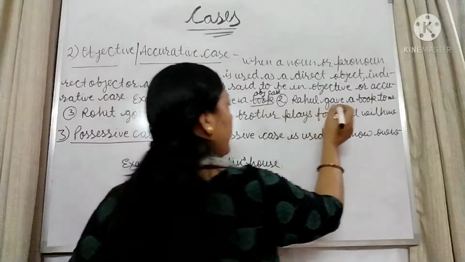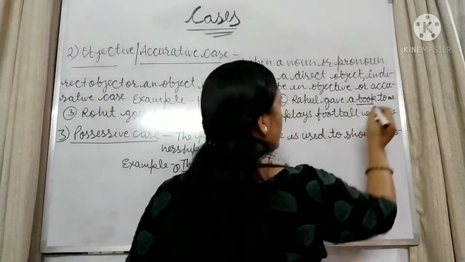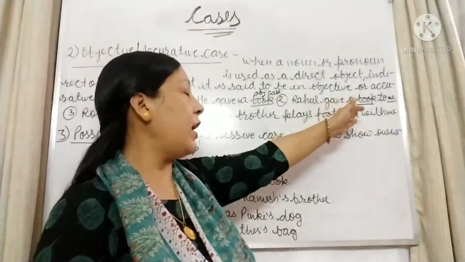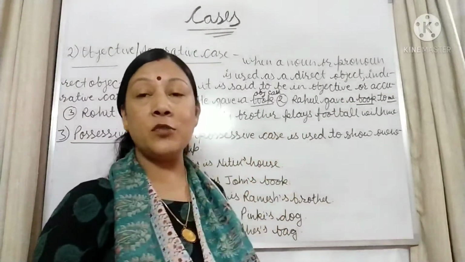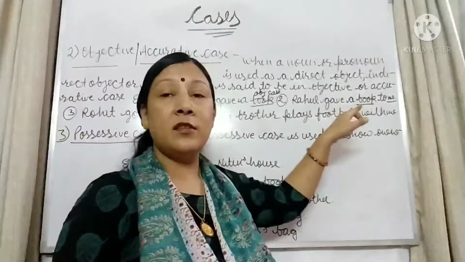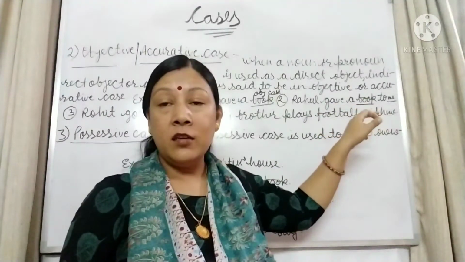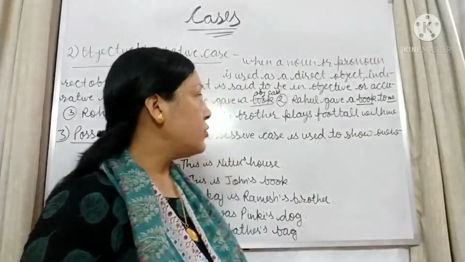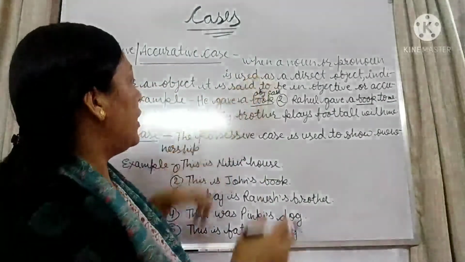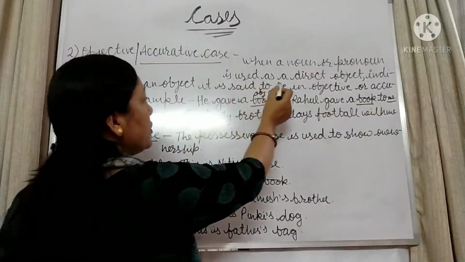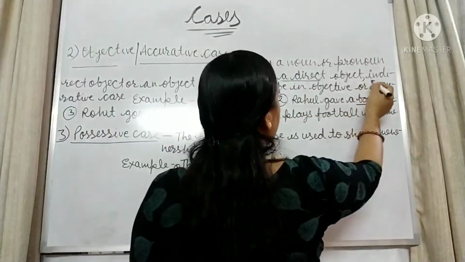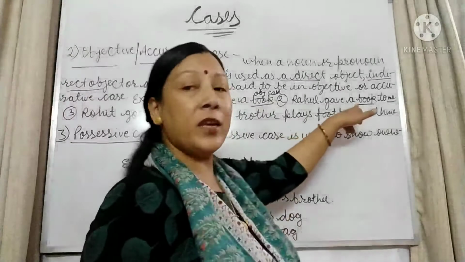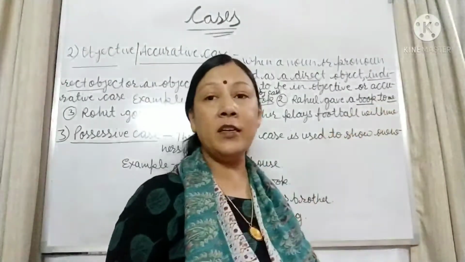Here, Rahul gave a book to me. In this sentence, you can see that I have underlined two words, book and me. Book is here the direct object and me is the indirect object. So I have written here, used as a direct object, indirect object.